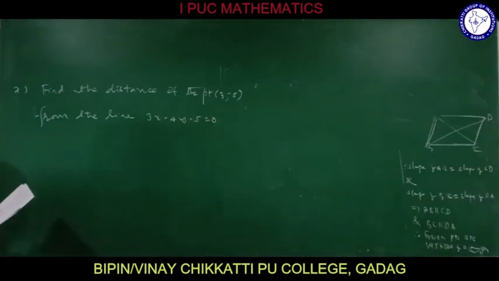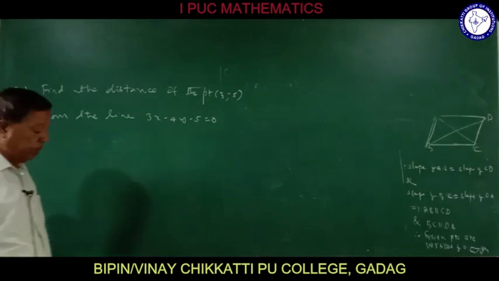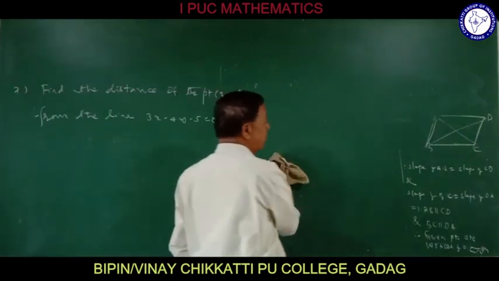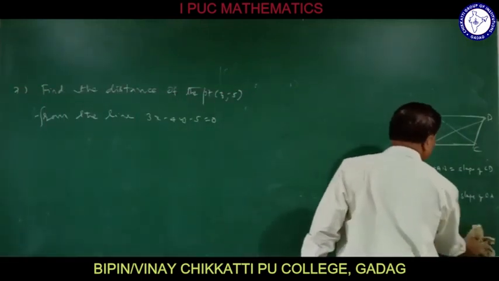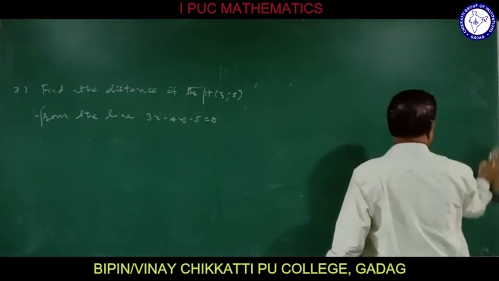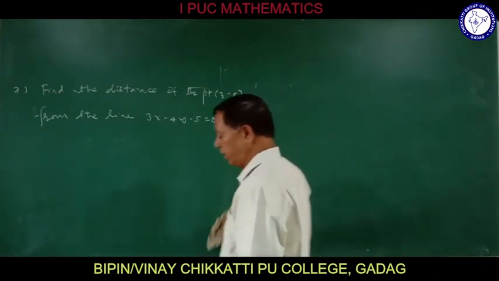Now here you must know the formula for the distance of a point from a line. Once you know the formula, only then can we do this. What is the formula?